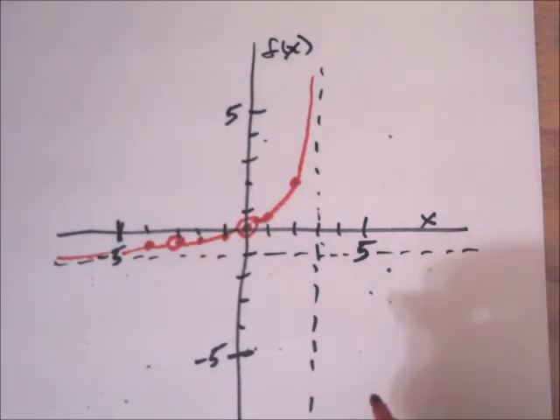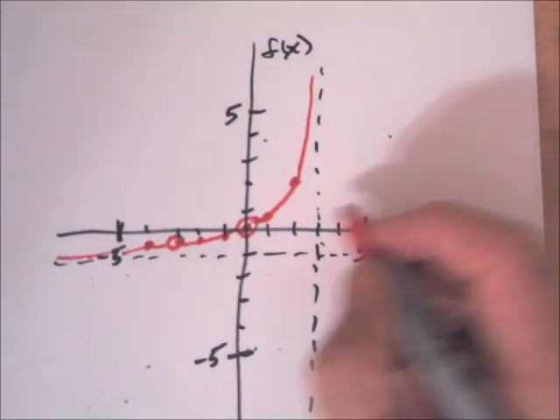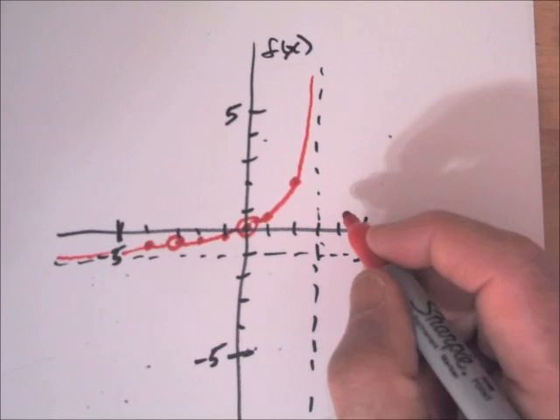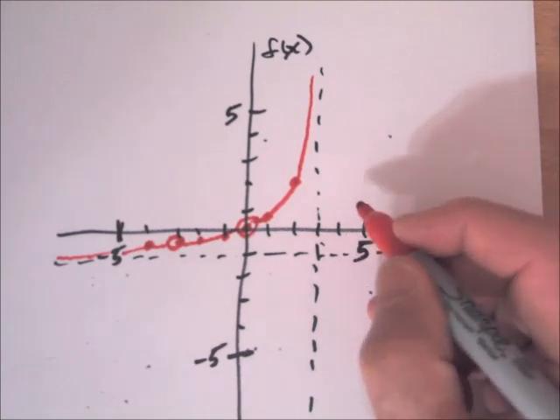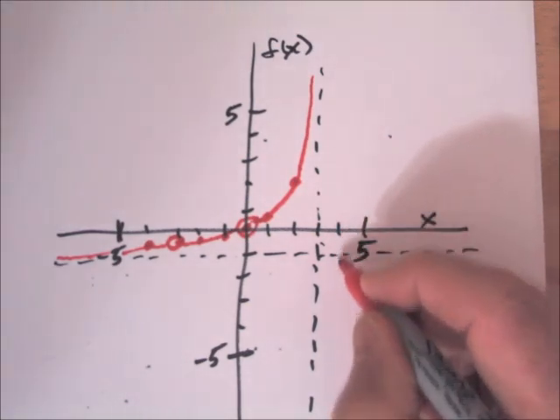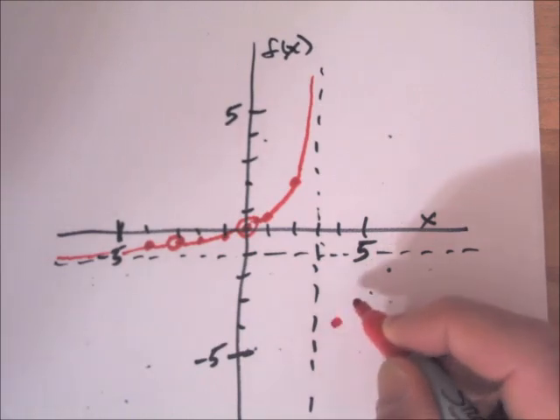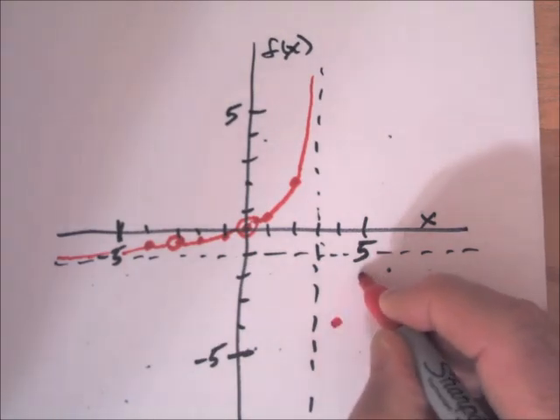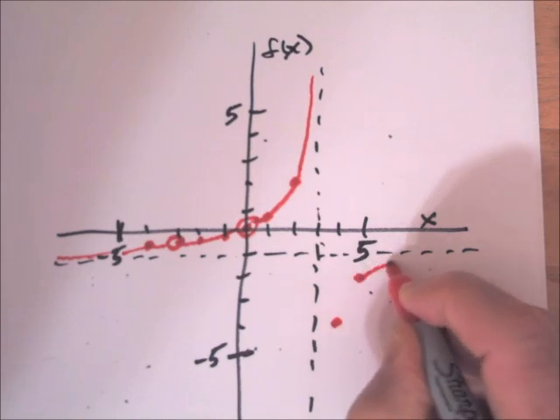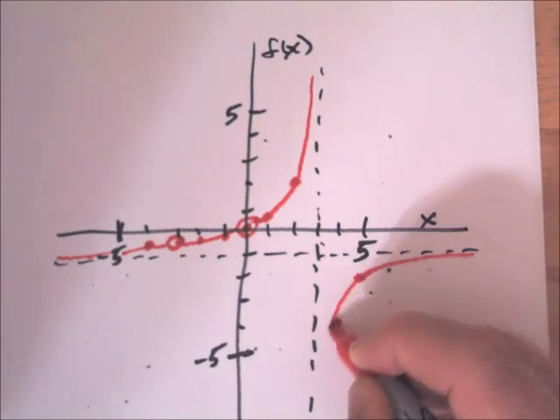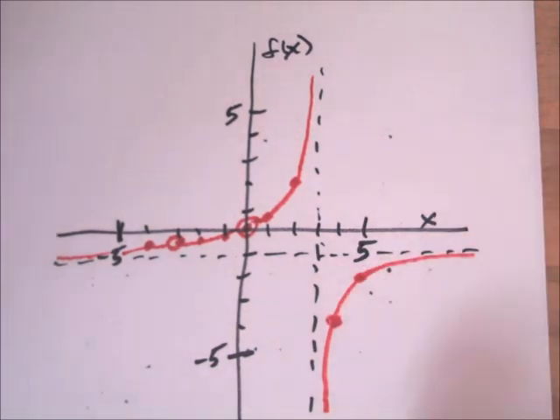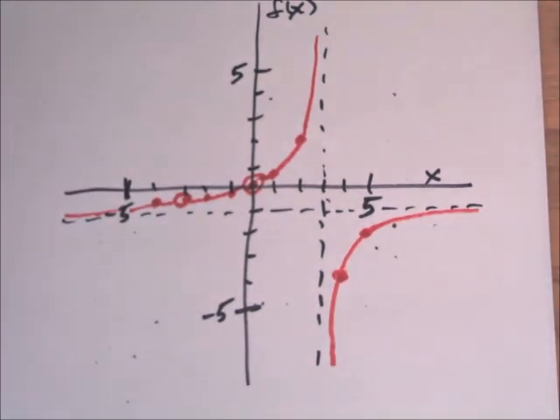And then other points, we have 4 to the right, down 4, and 5 to the right, down 2 1/2, and connect the dots, extend it toward the asymptote. So that's the other branch of our hyperbola. So that's our graph.